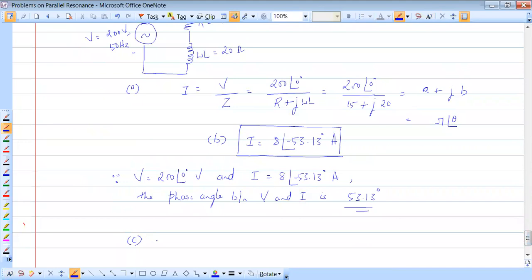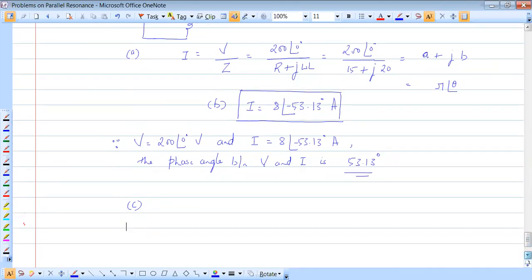Fine. So you have to rewrite the circuit now because we have to connect a shunt capacitance. What would that be? You have this to be 15 ohms, then this to be 20 ohms.